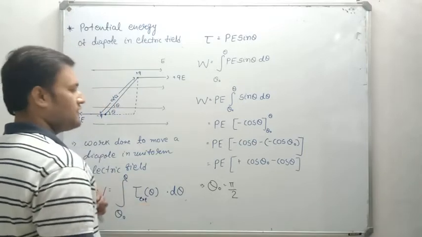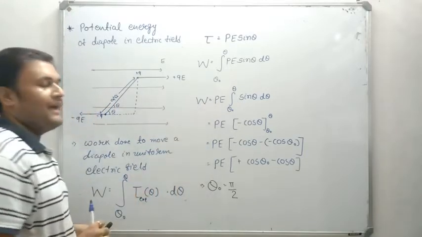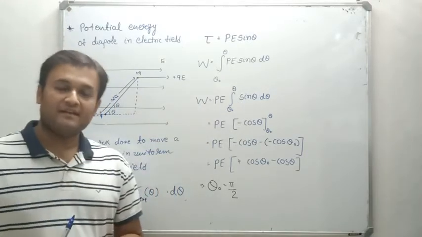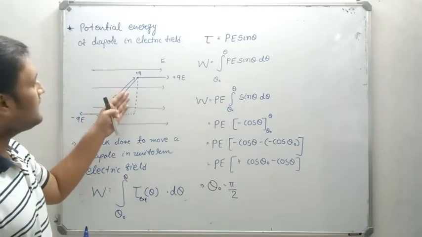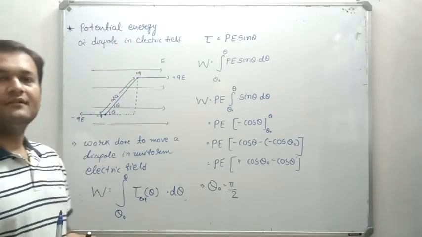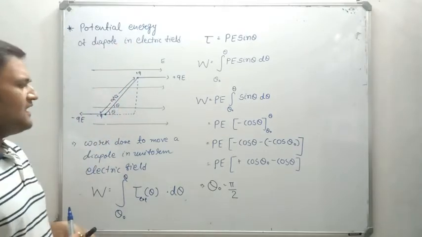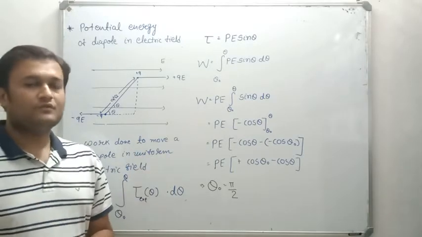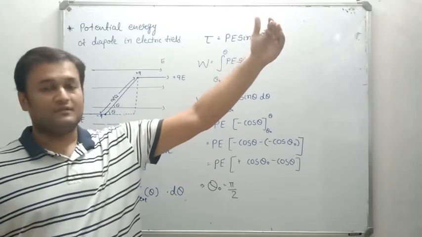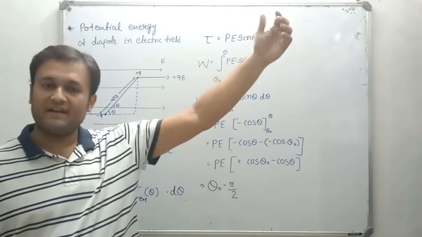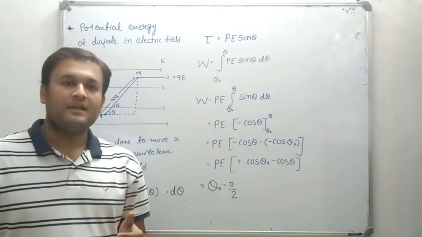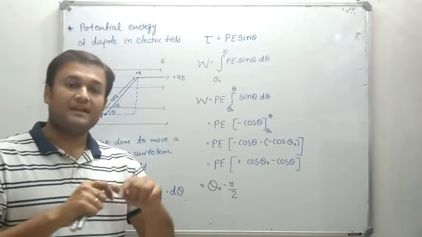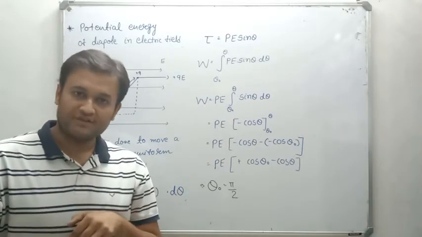this work is called the potential energy of the dipole in the electric field. We know that if we do work to bring an electric charge from infinite distance to a point, this work is converted into potential energy.